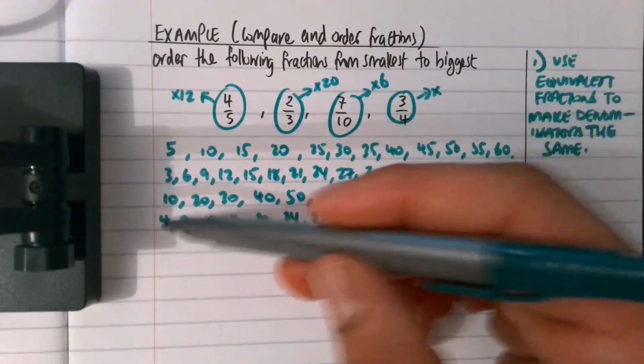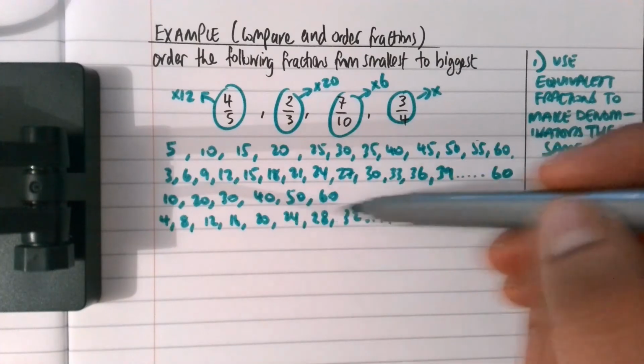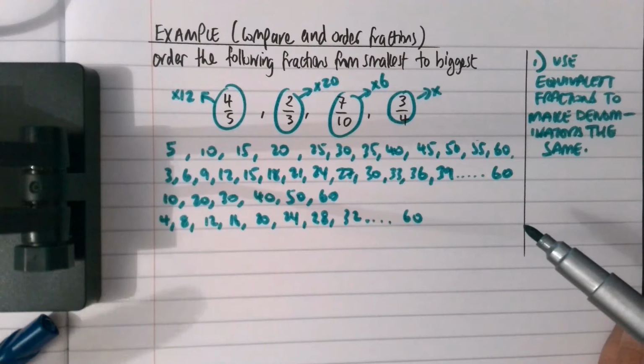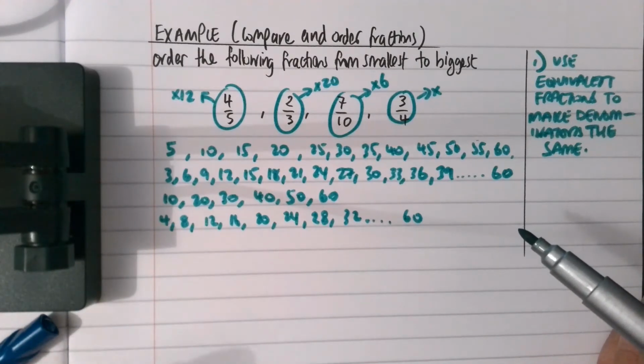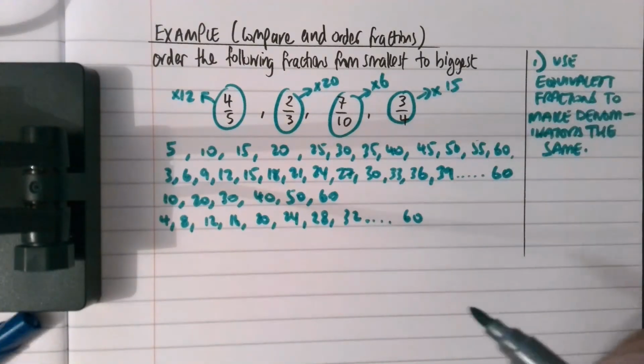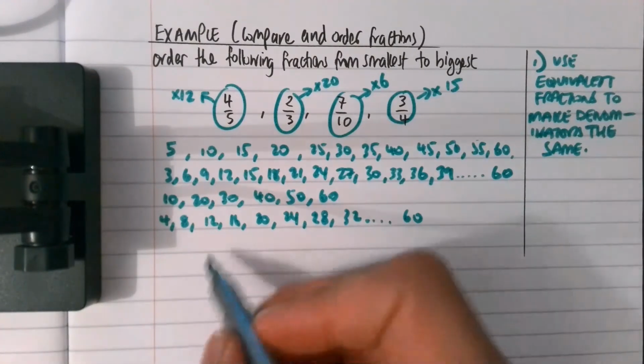And 3/4, I'm going to multiply by 15, because 4 goes into 60 15 times. So again, we're just scaling the fractions up so that they have the same denominator. What you do to the denominator, you have to do to the numerator.